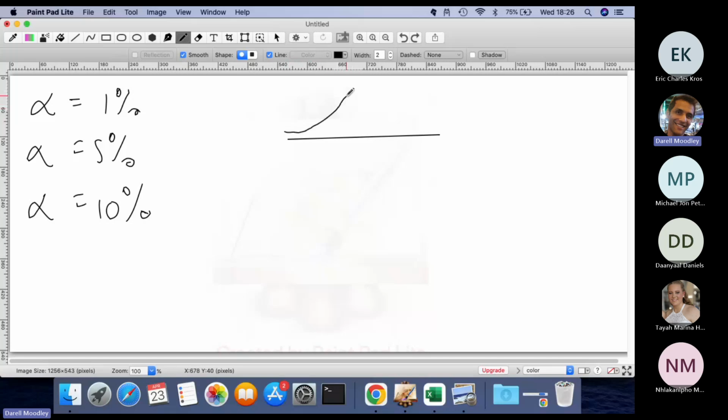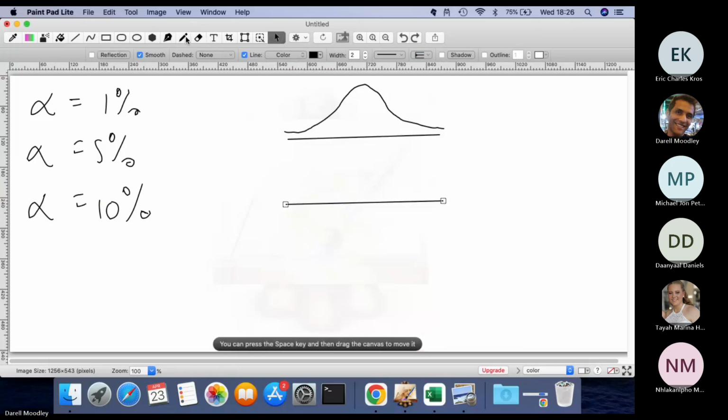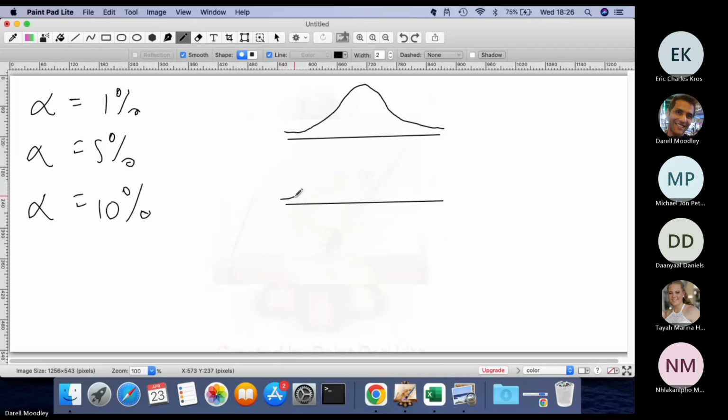So here's your curve, and then I'll do it for 5%, so you get the idea. Say this is the 1%, and this is the 5%, and we're dealing with the two-tailed test.